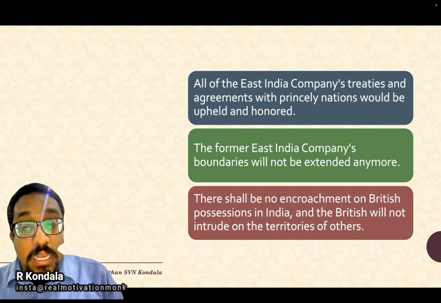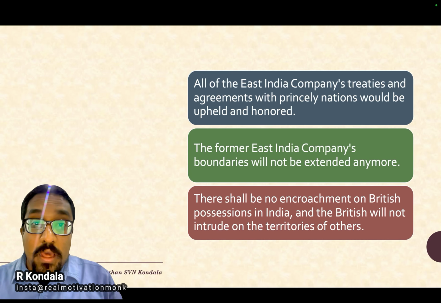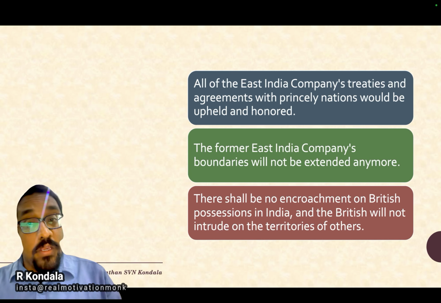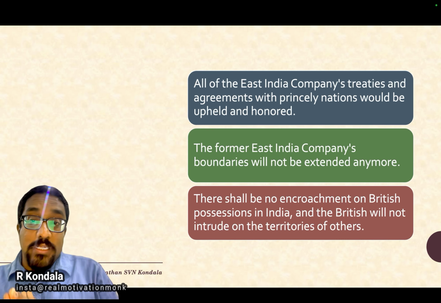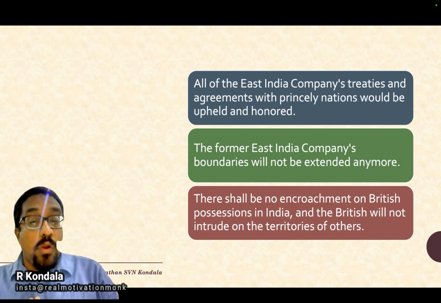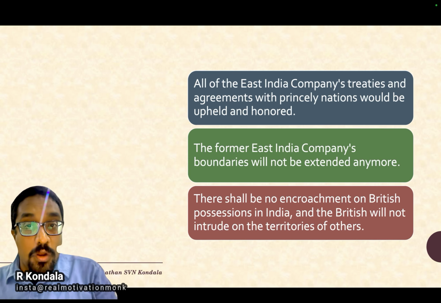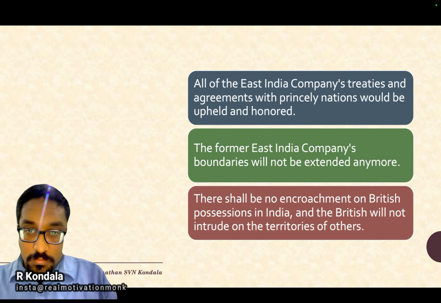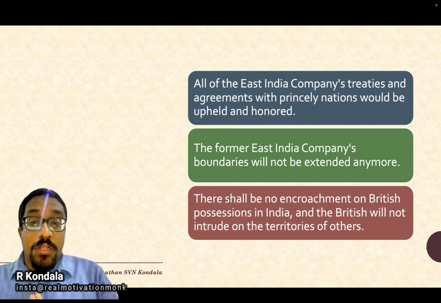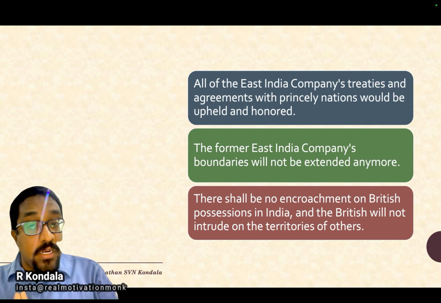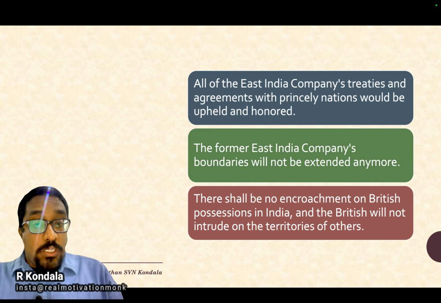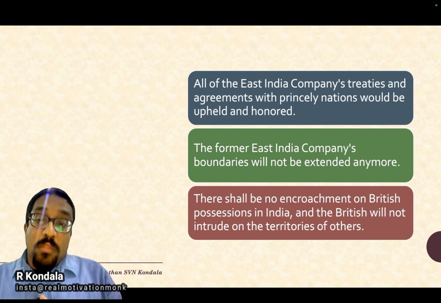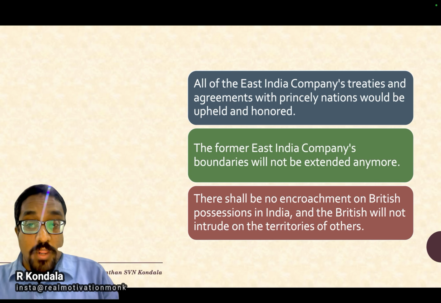Three important ideas were propagated in this Darbar. Number one, all of the East India Company's territories and agreements with the Indian princely nations were to be upheld, continued and honored by the Crown. The former East India Company's territories were not to be extended anymore, there would be no encroachments on the British possessions in India, and the British would not intrude in the territories of others.